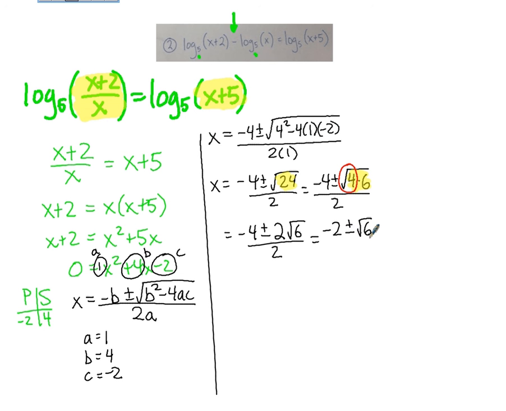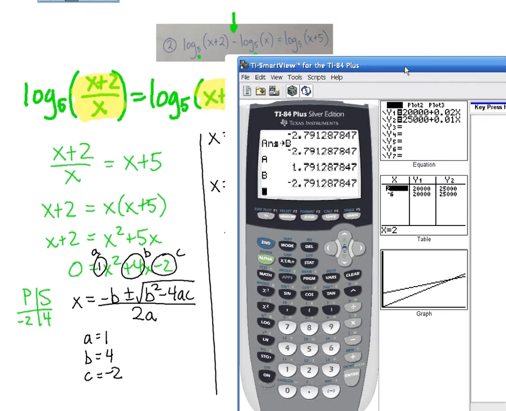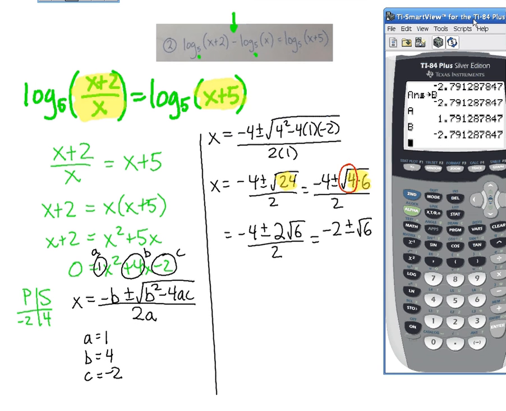Let's take a quick look at what those decimal values are. We have negative 2 plus the square root of 6. Okay, there it is.